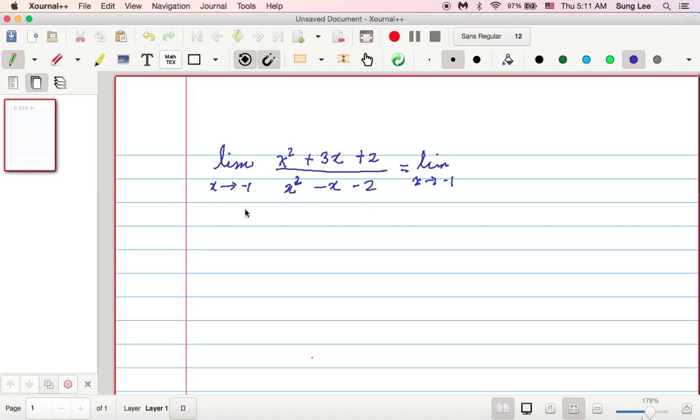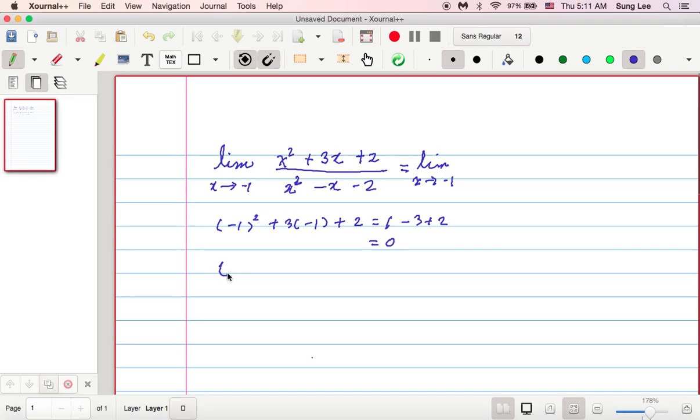See what happens. In case of the numerator, when you plug in x equals negative 1, we have negative 1 squared plus 3 times negative 1 plus 2. So what do we get? This is 1, that's negative 3 plus 2, that becomes 0, right?